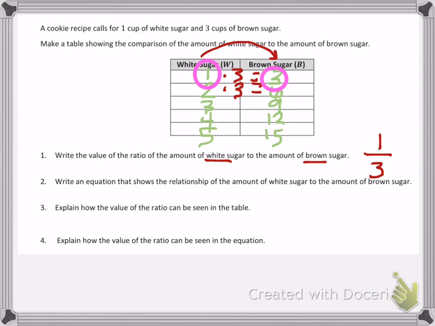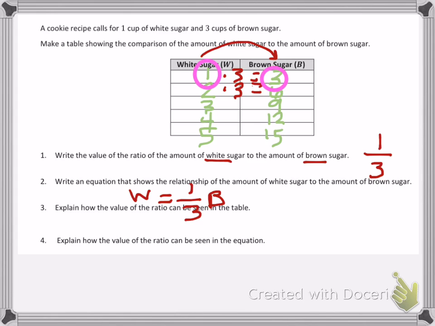So now when I write my equation, I'm going to stay in this order. I'm going to go white, W, is equal to the value, 1/3, times brown. White is equal to 1/3 of whatever brown is.